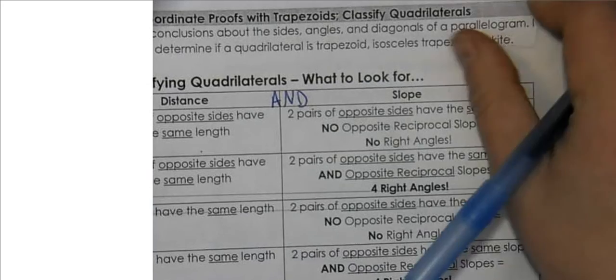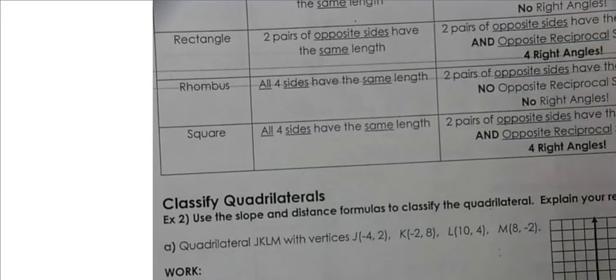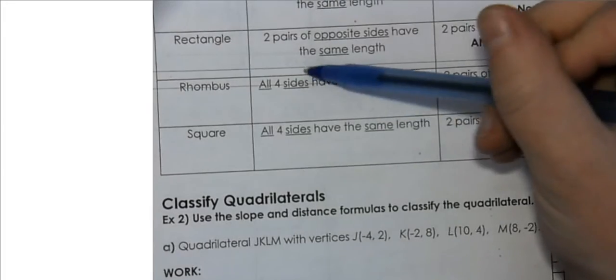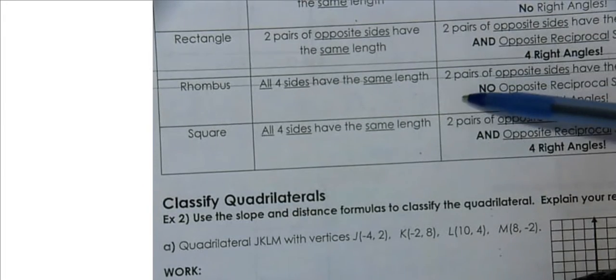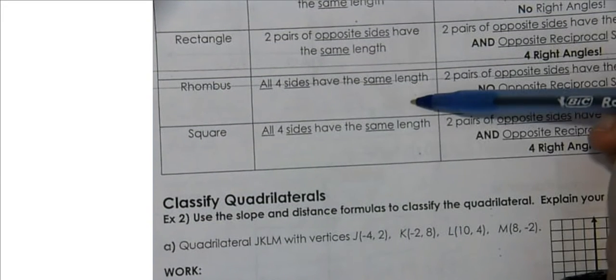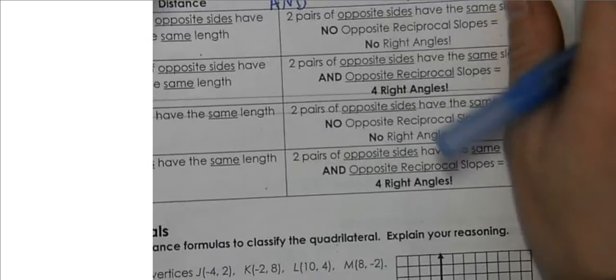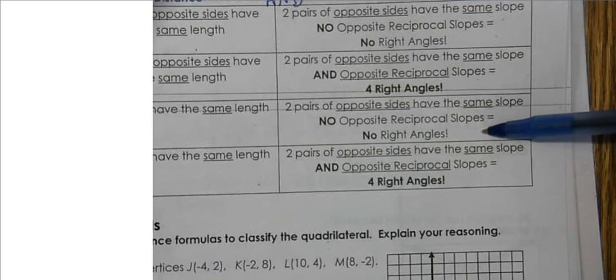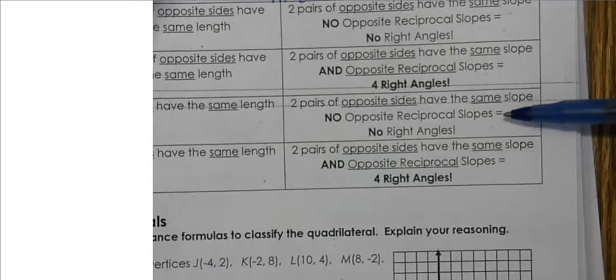The same thing is true for rhombus and square. With the rhombus and square, both of them have sides of the same length. What you'll see is that all four sides will have the same length. That is true for a rhombus and a square. But if you notice after analyzing the slopes that you don't have opposite reciprocal slopes, then that means that you don't have four right angles, and therefore your shape is a rhombus.